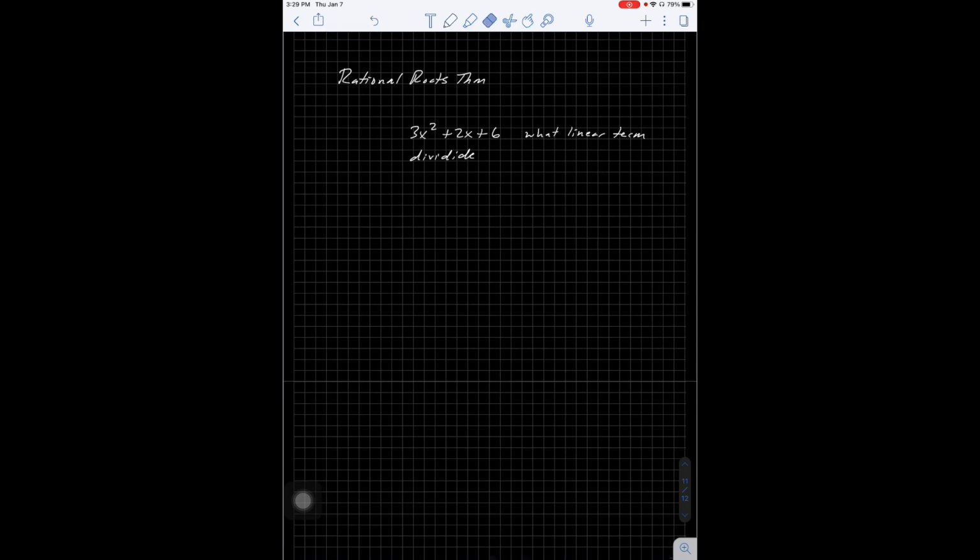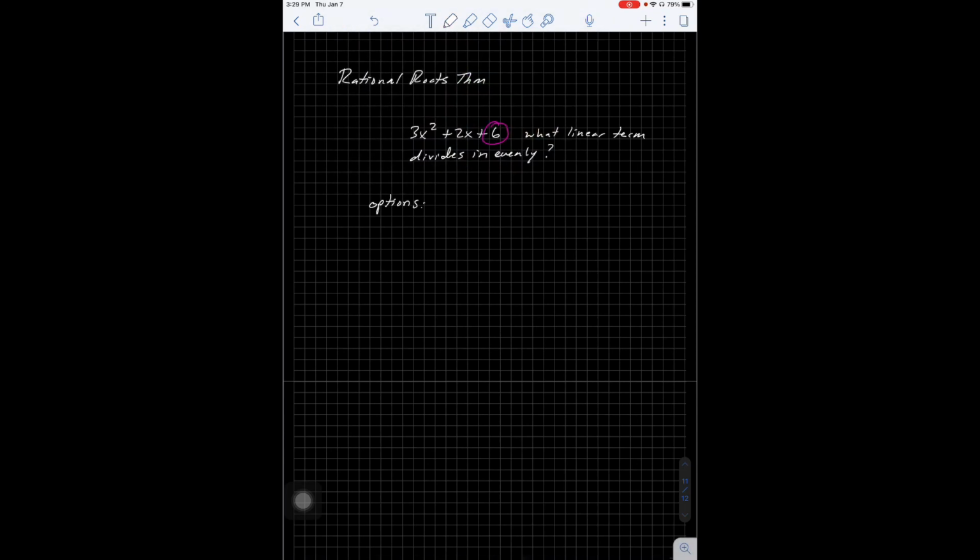Oh my gosh, I think I spelled that wrong. Divides, there you go, in evenly. And the rational roots theorem says, here are your options for things that could work and could divide in evenly. You take the number at the end and you say all the numbers that divide into that evenly.